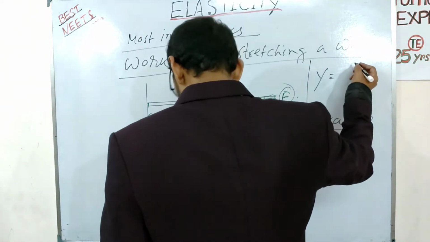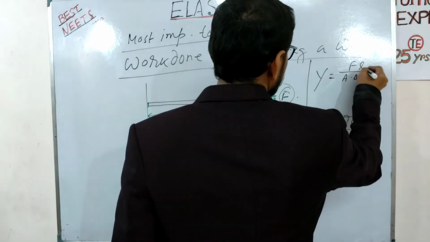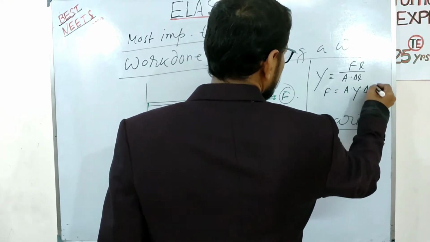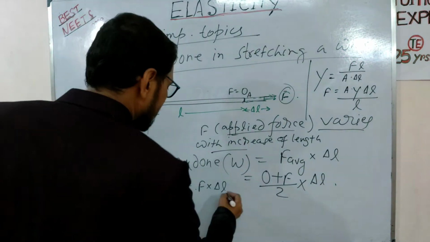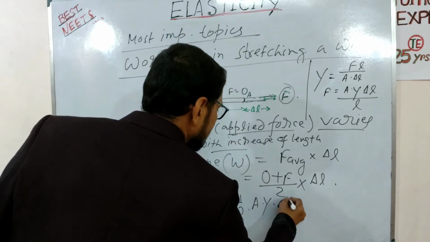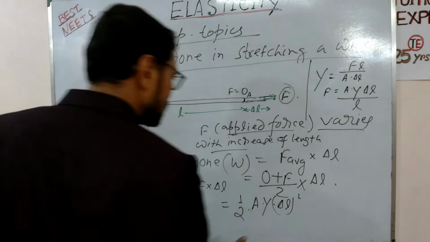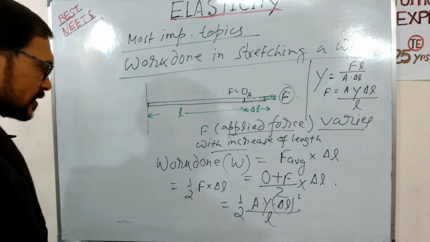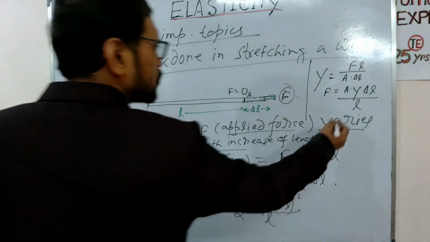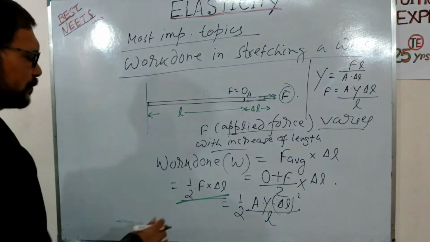Now for small deformation, the formula is Y equal to F by A into L by del L. So F equal to A Y del L by L. So we can write work done equal to half A Y del L whole square by L. So this is the formula of work done. Just put Y equal to this, and we get work done equal to half F into del L.